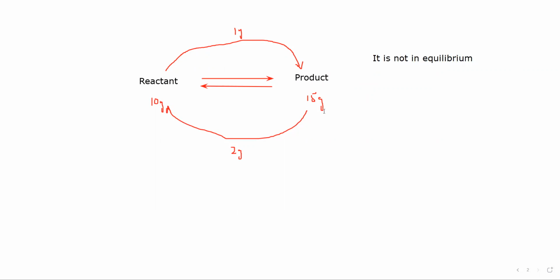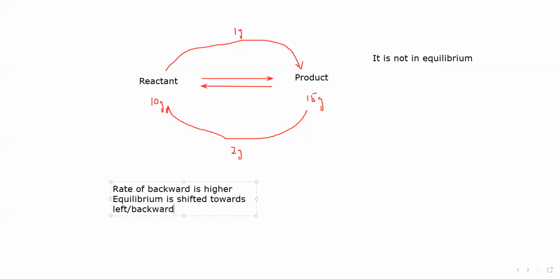So if decomposition is more, we say that it is not in equilibrium, or we can say that the rate of backward is faster or higher, or we can use the term that equilibrium is shifted towards left or backward.